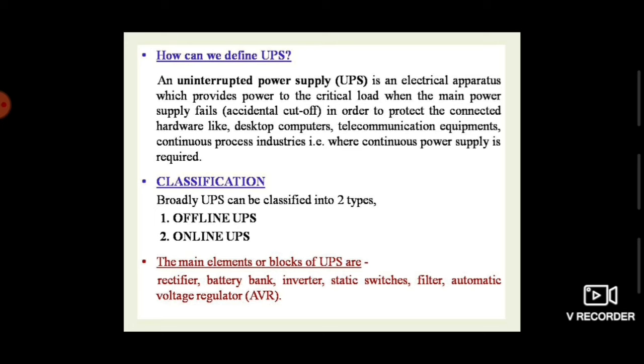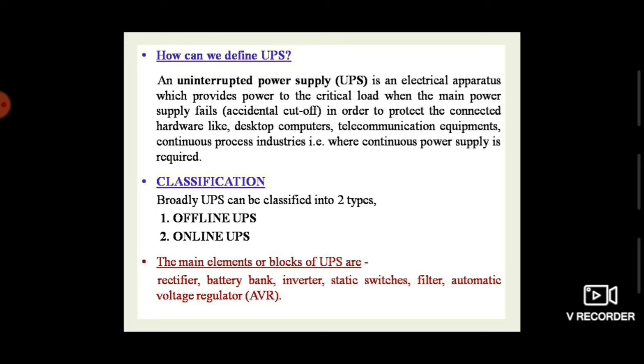Why? Because in order to protect the connected loads or hardware, like for example desktop computers, telecommunication systems or equipment, continuous process industries, where the continuous supply of power is very much required to keep the loads working.